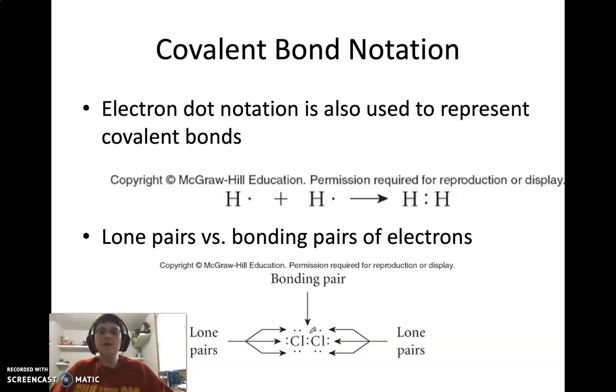These are the 2 that they're sharing in the covalent bond, so that's why we call that the bonding pair. The other pairs that are in that outer valence are what we call lone pairs. They're paired, but they are not going to bond to anything, and that's why they've been given this name of lone pairs. That's the difference between a lone pair and a bonding pair. The bonding pair is the pair that we see in between the 2 atoms when we do the electron dot diagram.